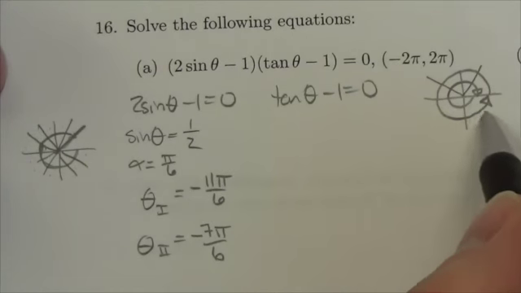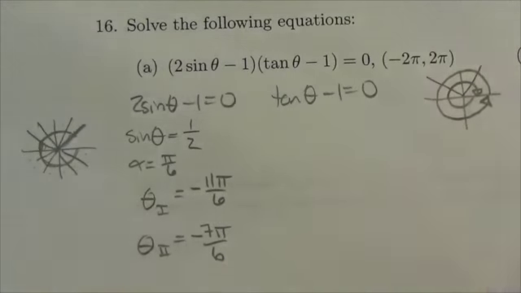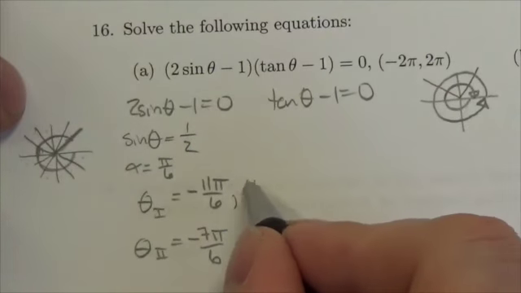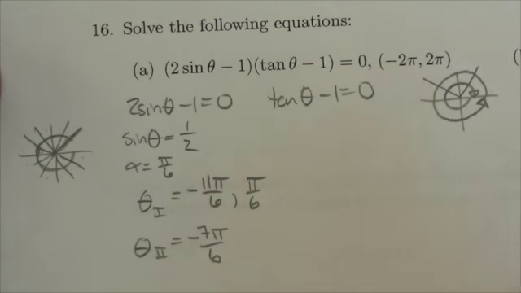Now we're going to follow the positive rotation. And in the first quadrant, this is nice because the reference angle and the rotation angle are exactly the same. So this is just going to be pi over 6. And then we come out here to my reference angle in the second quadrant.